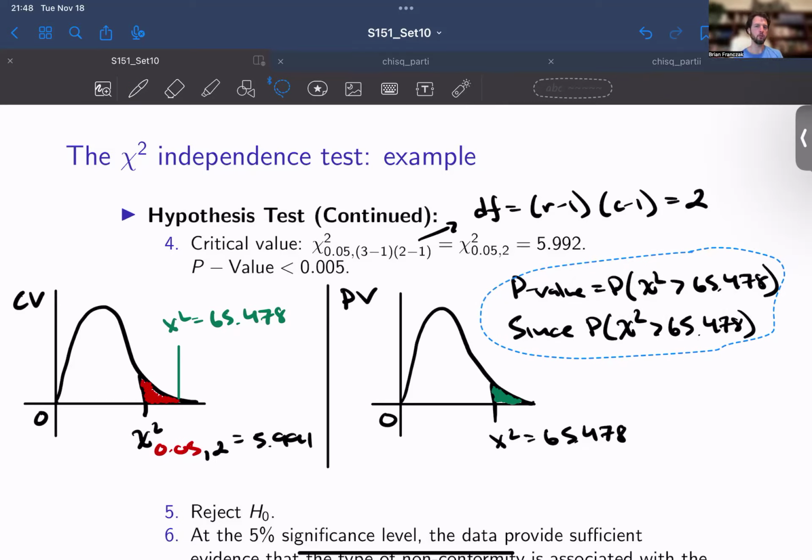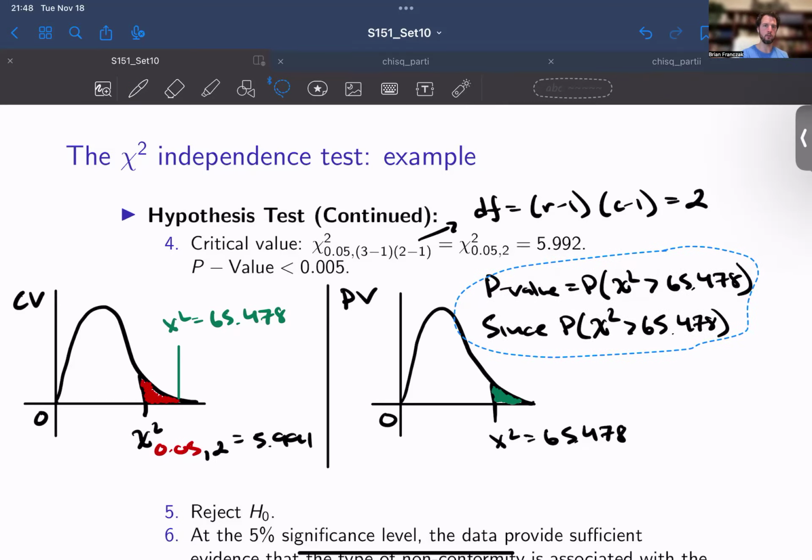And if the p-value is less than 0.005, then that p-value is obviously less than 0.05. And as a result, we are able to reject the null hypothesis.